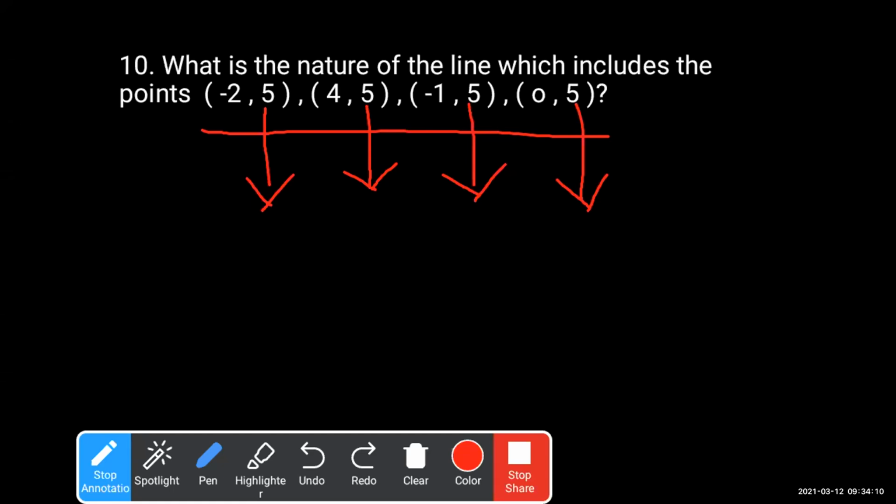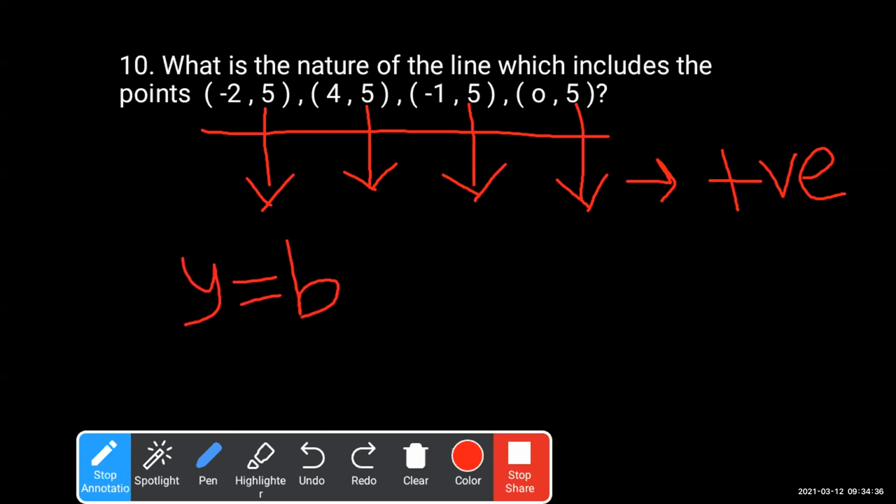At the same time, all the y coordinates are positive. That means it will lie above the x-axis, and of course it is of the form y equals b. Y equals b means all the y coordinates are common and positive, and it will lie above the x-axis.